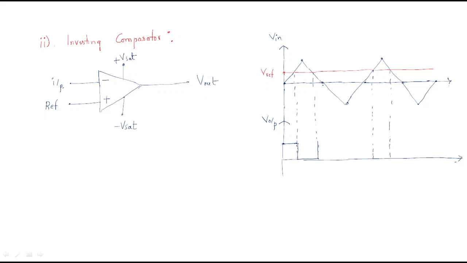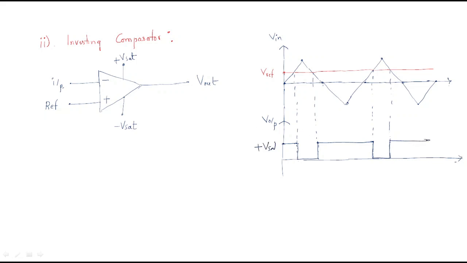Here also at this region the reference voltage dominates, so we get the high value, and for this region the input voltage is dominant, that's why it is 0. So it will generate the output like this.